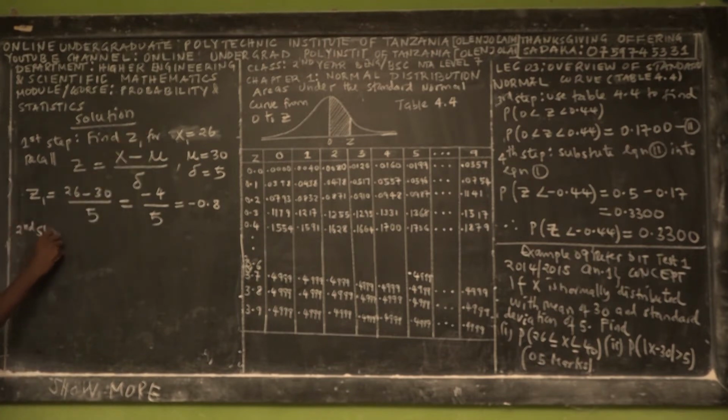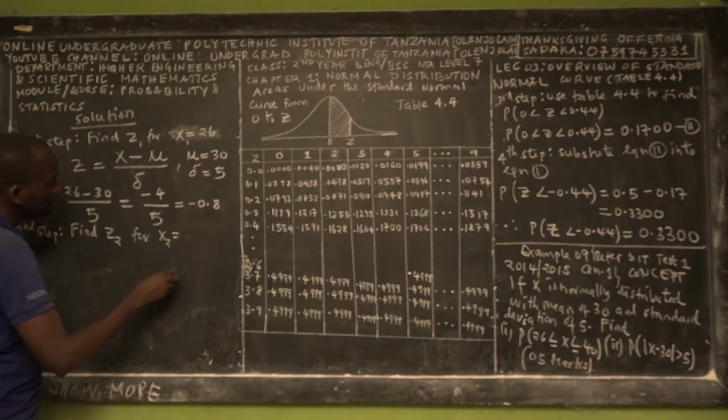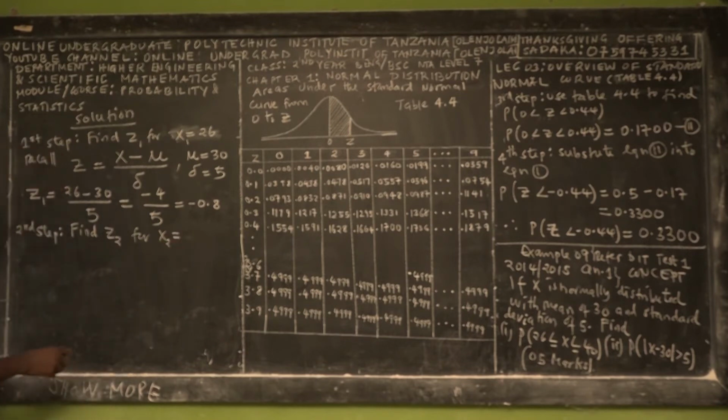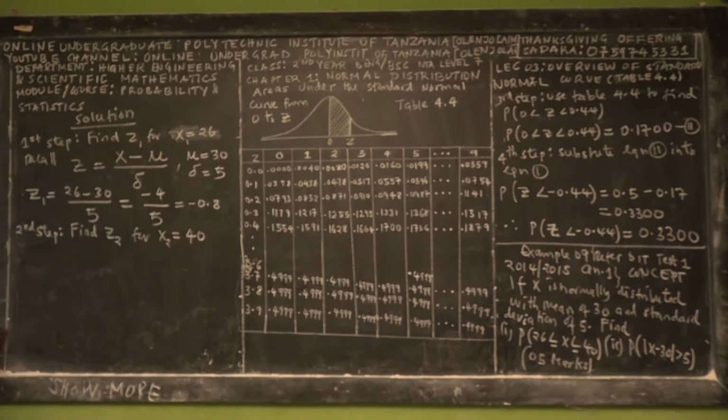So the second step, let us find Z2 for x2 equal to 40. So we say that Z2 is equal to x2 minus the mean, which is common, over the standard deviation.